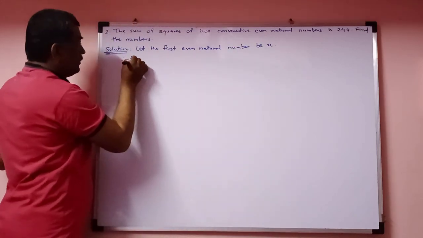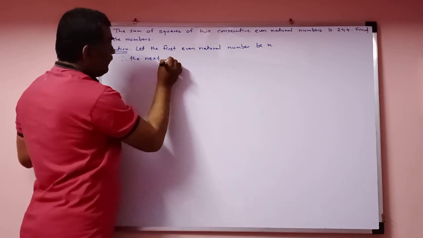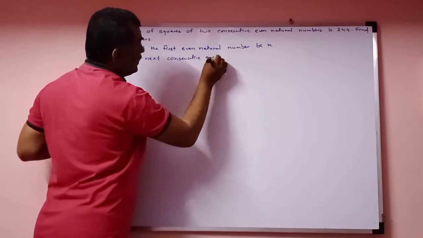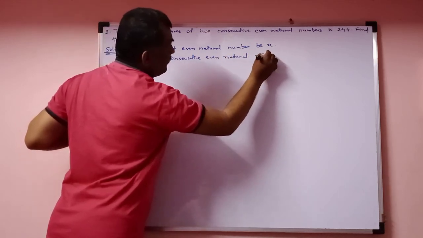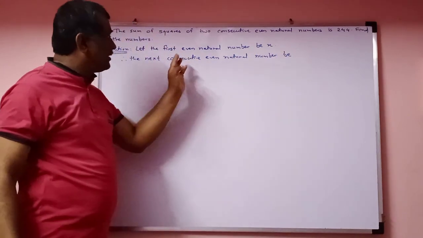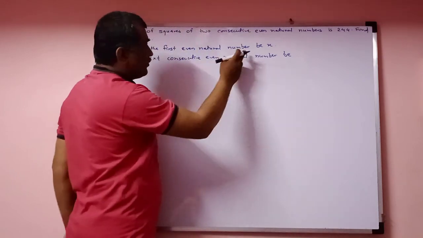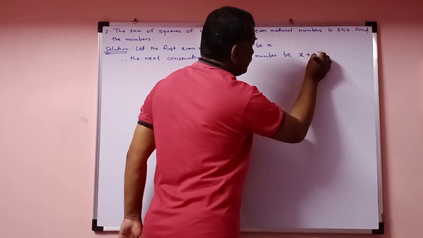Therefore, the next consecutive even natural number. The difference between two consecutive even natural numbers is 2. Therefore, the next consecutive even natural number of x will be x plus 2.